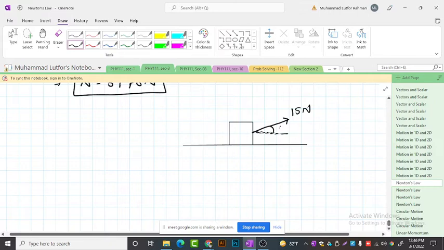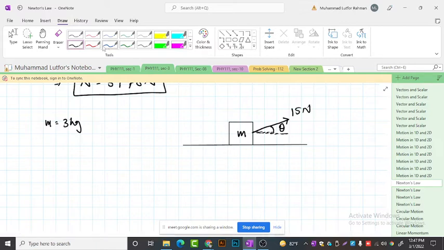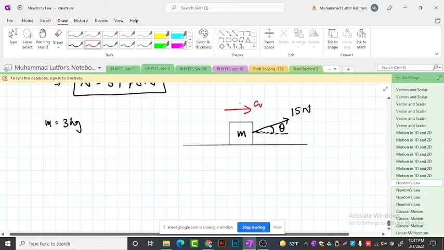This is the angle theta, and this is the mass. The mass m is 3 kg. Due to that force, the system moves in the rightward direction with an acceleration a. We have to find that acceleration. The question asks, calculate a.